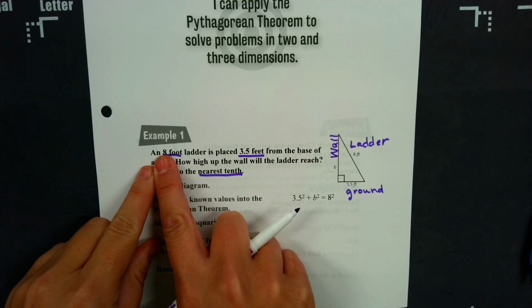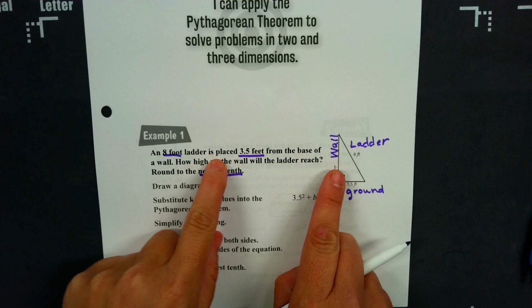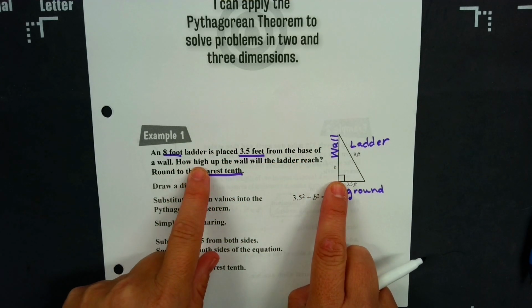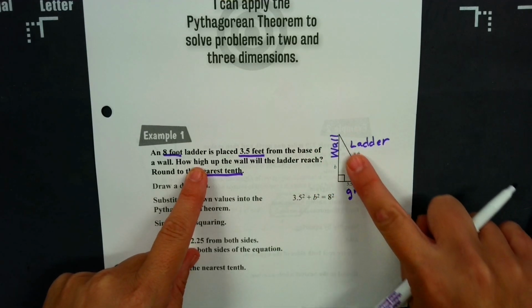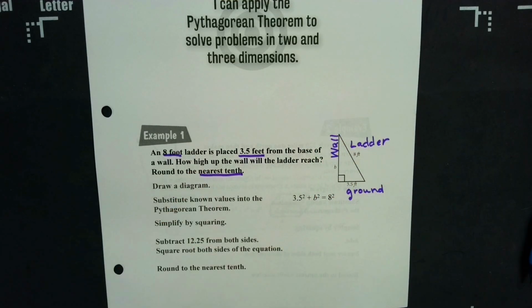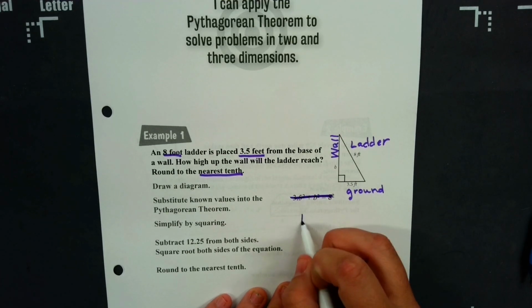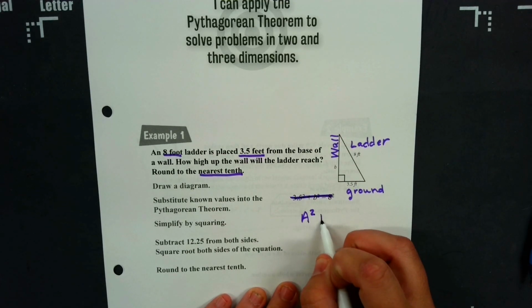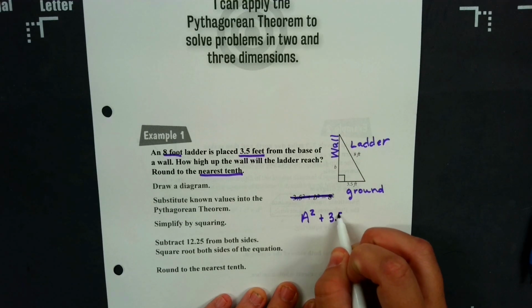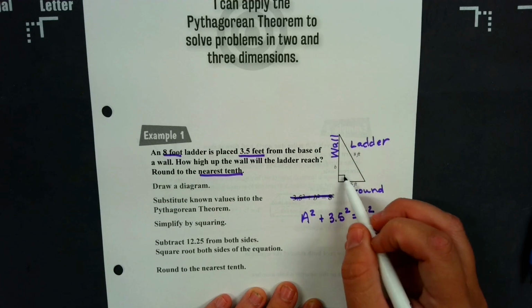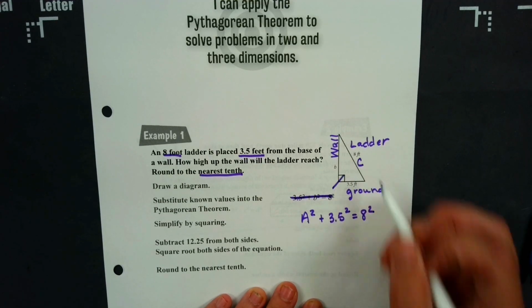So if we read it again, an 8-foot ladder is placed 3.5 feet away from the base of the wall. How high up will the wall go? So it only makes sense that this is the ladder, right? All right, so I hate it when they do it that way. I like missing a squared. Because my right angle always points at C.